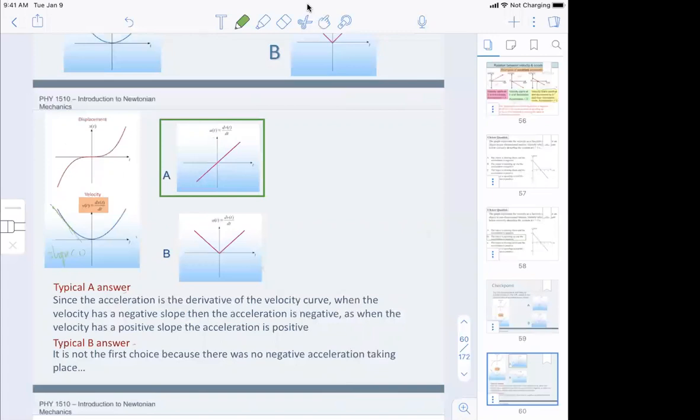Because it's becoming more and more flat. Here you have a 0 slope. So I should have a negative acceleration, and it's decreasing in magnitude because the slope is getting more and more flat until it goes to 0. And then you have a positive slope getting more and more steep, and it's increasing. So the correct answer is A in this case.